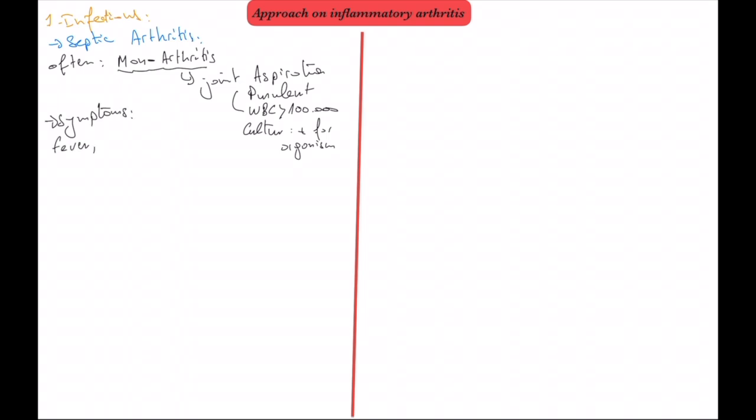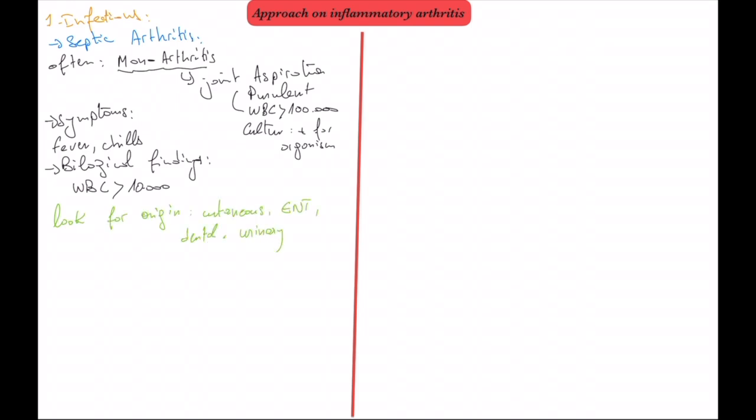Systemic manifestations include fever, chills, and increased white blood cells. Always look for possible entry sites such as skin infections, ENT or dental infections, urinary tract infections. We might have oligoarthritis in immunocompromised hosts such as patients with diabetes, corticosteroids, cancer, or HIV.